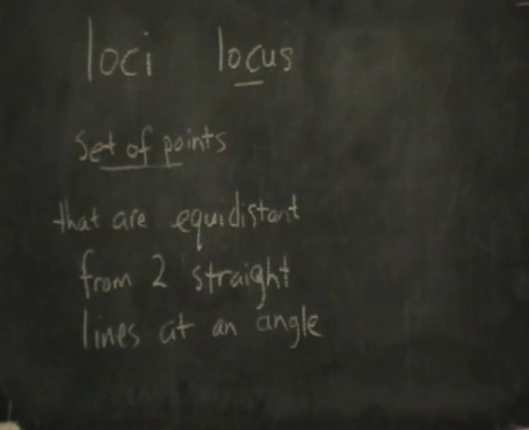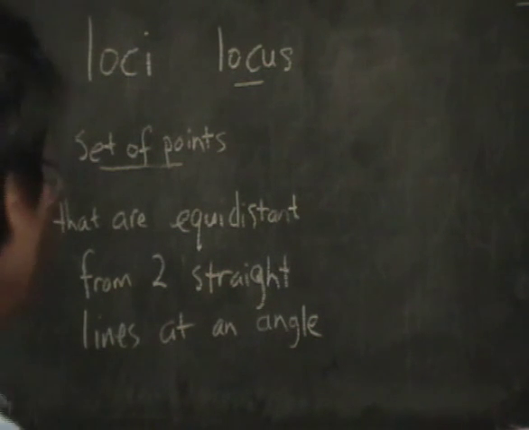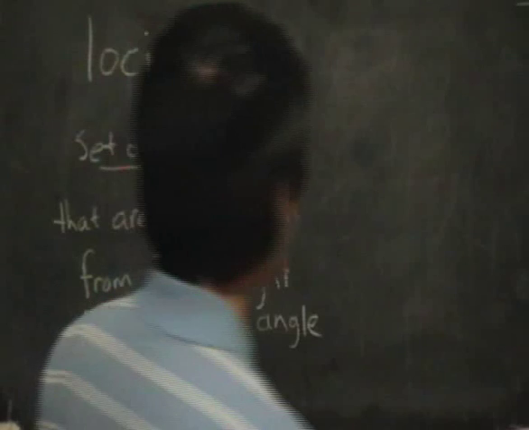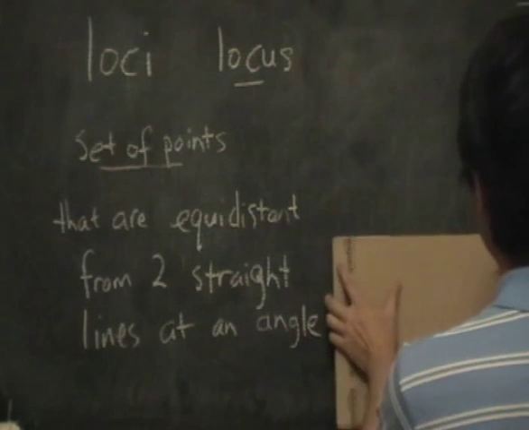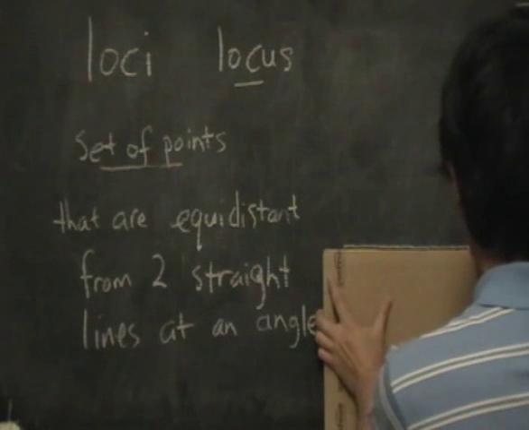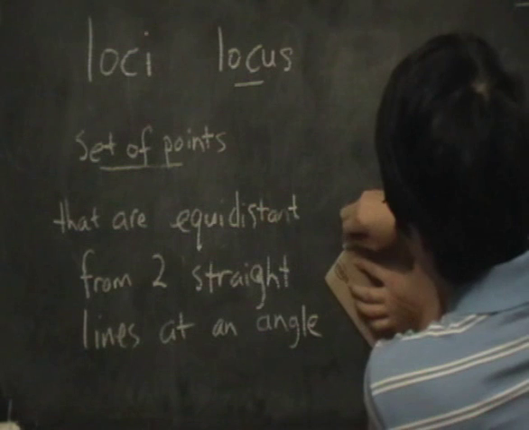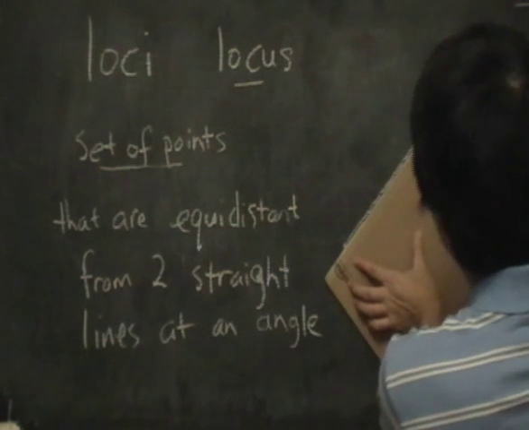Two straight lines at an angle. So let me draw two straight lines at an angle. It's one straight line. Another straight line.